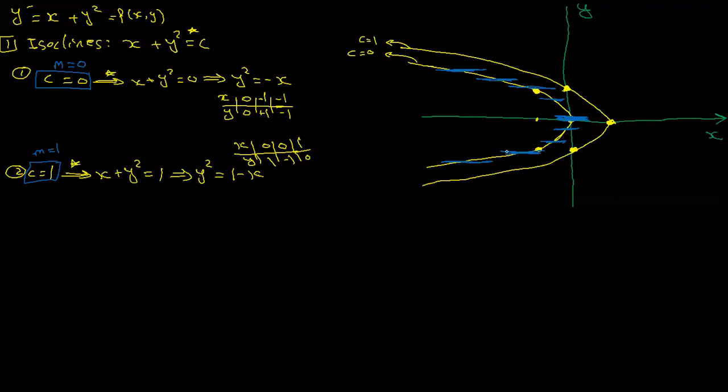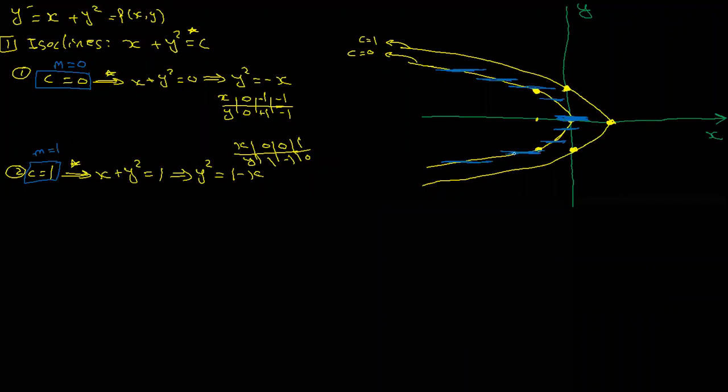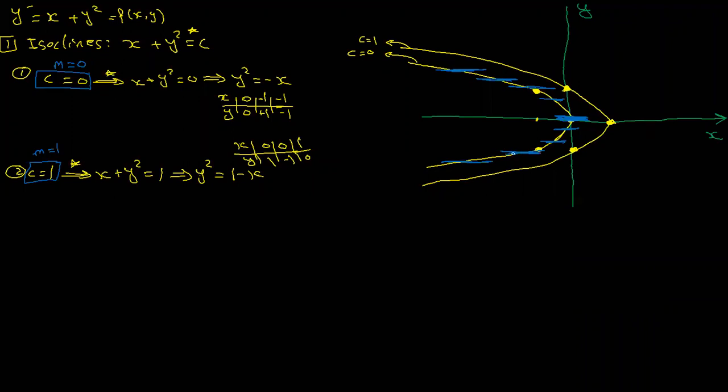So the line segment with the slope 1 is like what? Slope 1, y equals x. It's the bisector of the first quadrant, so it will be like this.